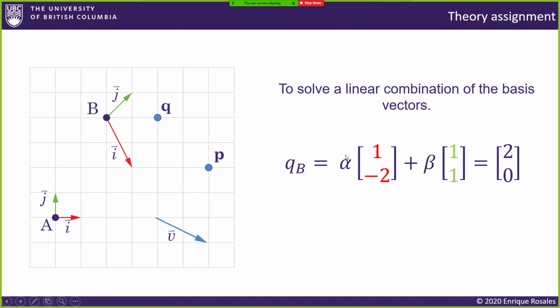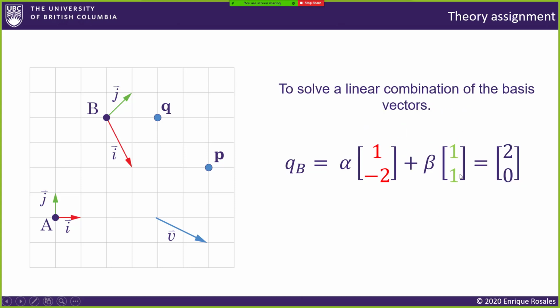This is exactly the same as having a basis vector i and a basis vector j multiplied by scalars, right? So you have a scalar that multiplies this vector plus another scalar that multiplies this vector, and that gives you this position here. And this position is the same as this thing.